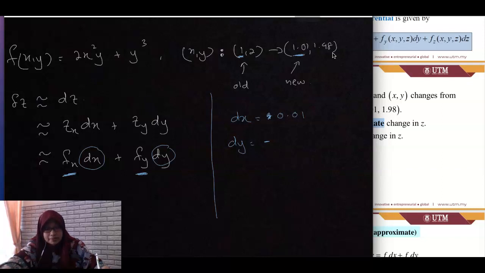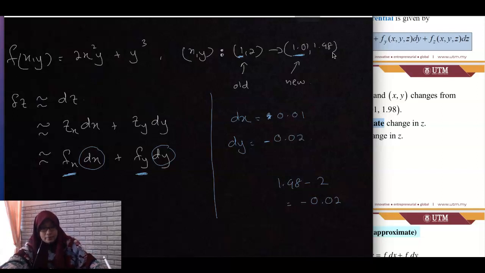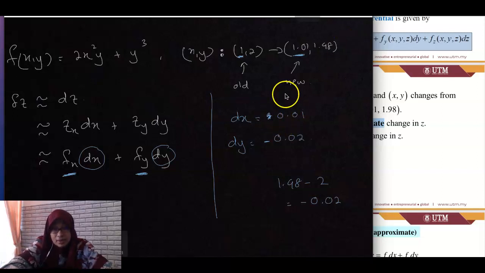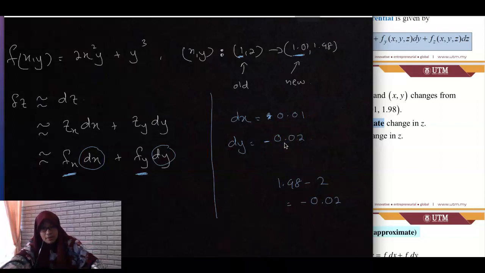How can you evaluate the changes? The new one minus the old one. It will give you negative 0.02. How can we get negative? When you subtract the old one from the new one, you get a negative value, right? So that's why you got negative. So that is the changes.